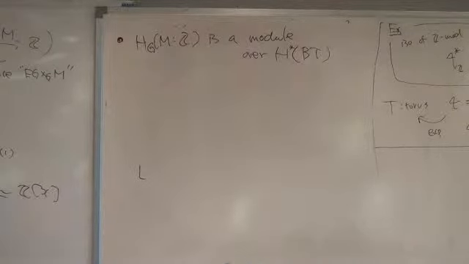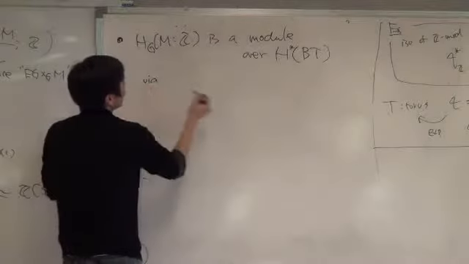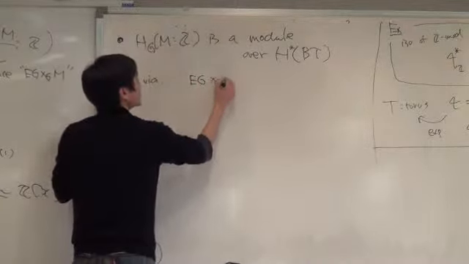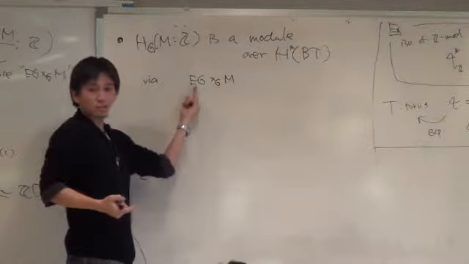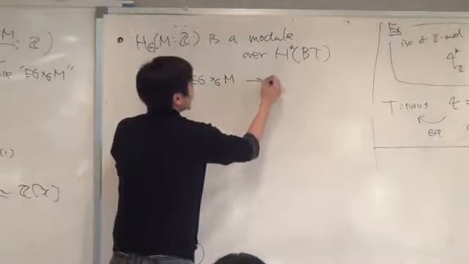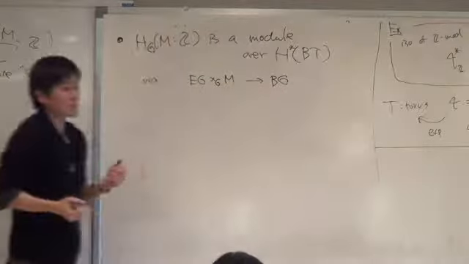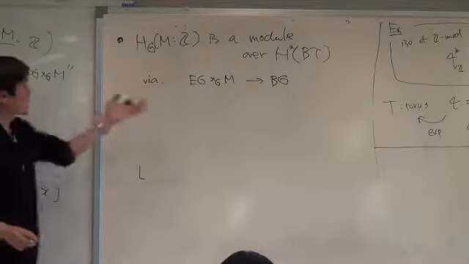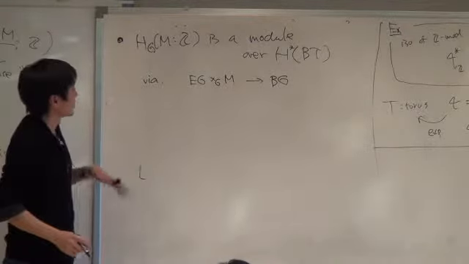And that comes from this map EG cross GM: if you project to the first component, it gives you a map to BG, or I should say G torus now. I don't really care about compact Lie groups in these lectures.